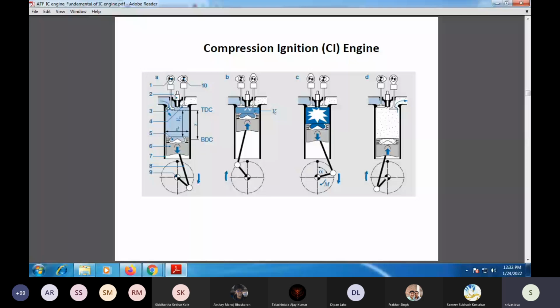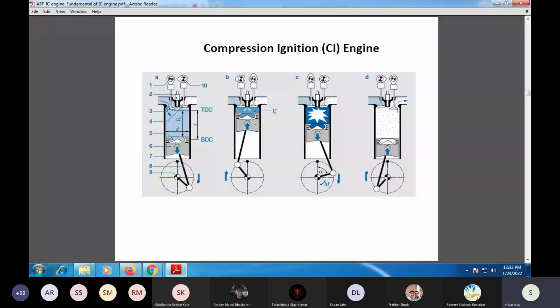So to create a special kind of motion, either a swirl motion or a tumbling kind of motion, it depends upon the geometry of the intake manifold, intake valve, and your piston geometry. That's the way it helps to create the special or vigorous kind of motion inside the combustion chamber. So by using these two methodologies, we can improve the air fuel homogeneity level.